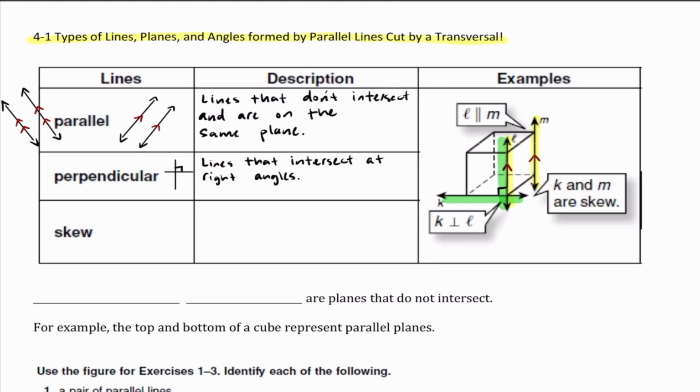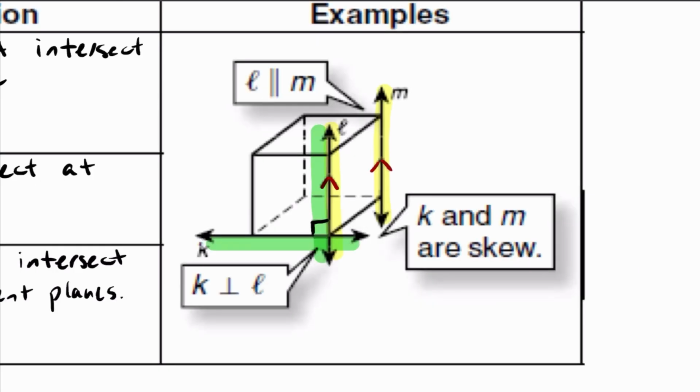Skew lines are lines that don't intersect and are on different planes. So here's an example of skew lines.